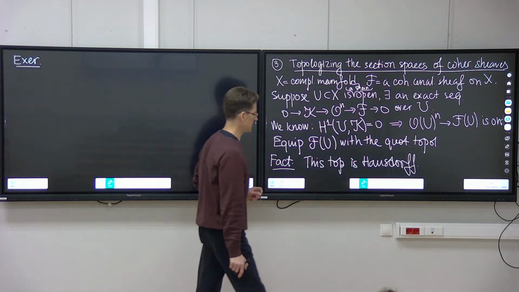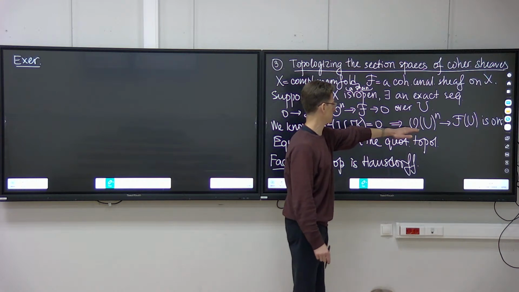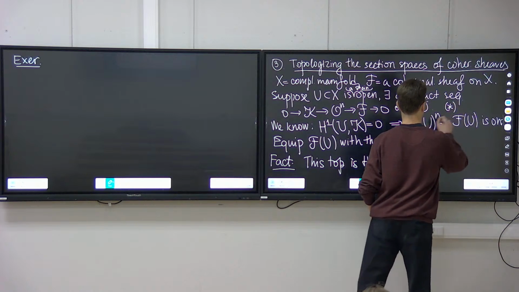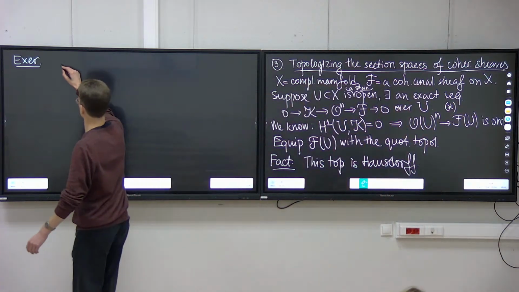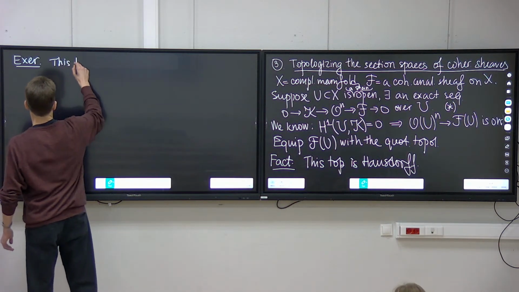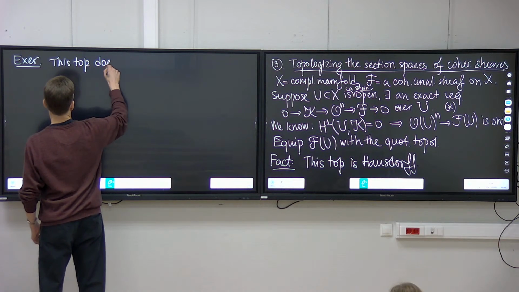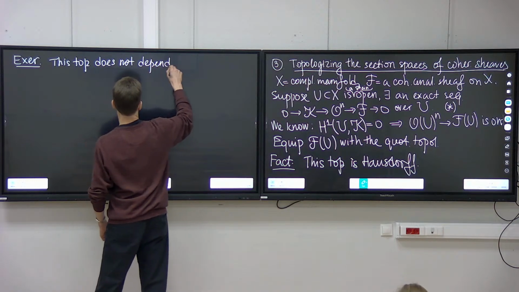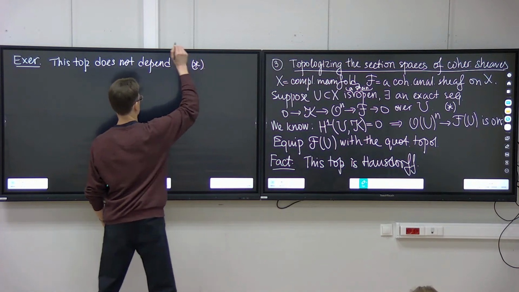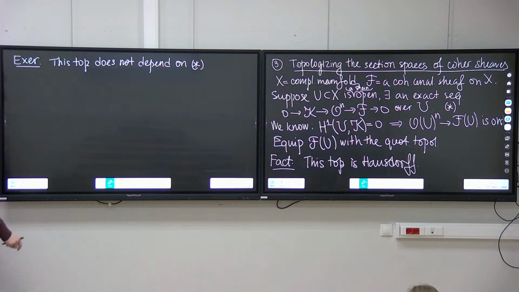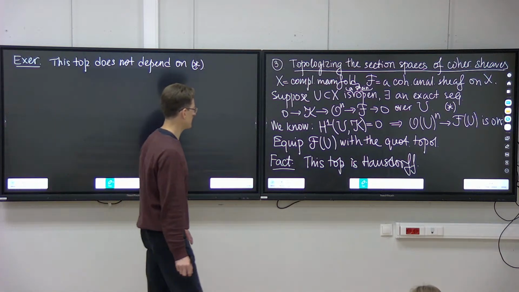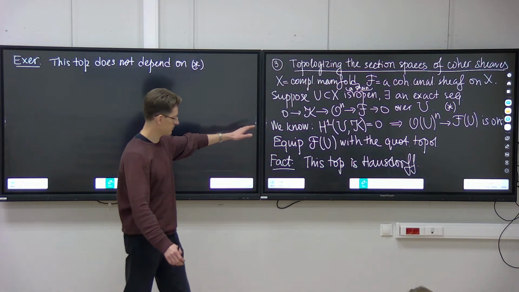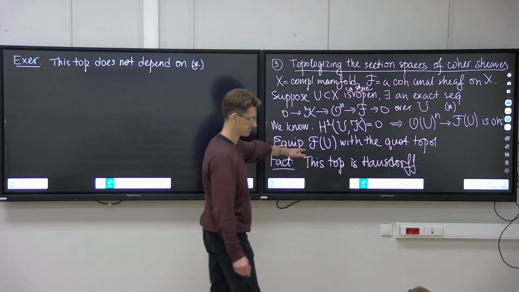This topology doesn't depend on the choice of this exact sequence. This is a nice application of the open mapping theorem. Okay, so as a result, we see that F of U is already topologized if U is small enough.